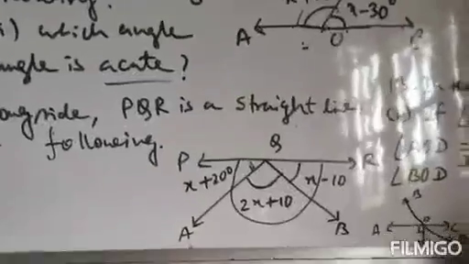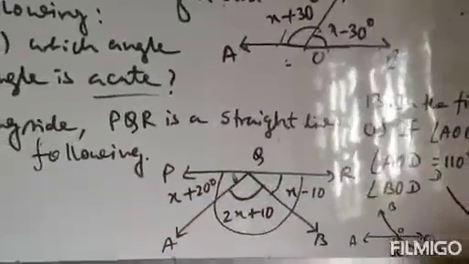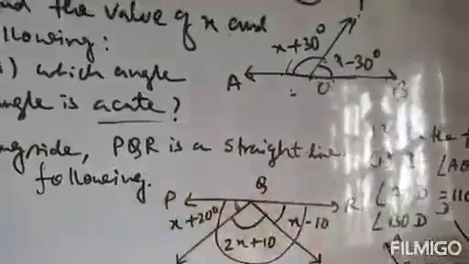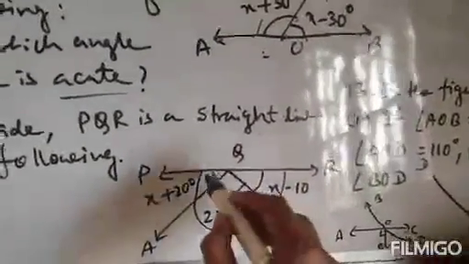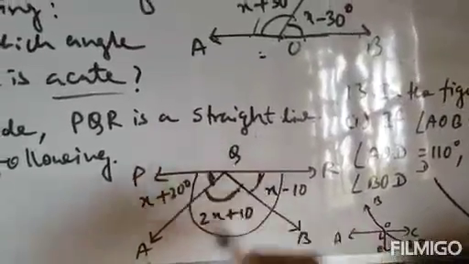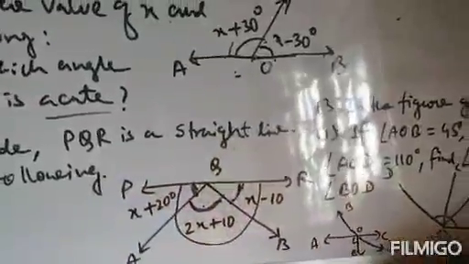If PQR is a straight line, then angle PQR is a straight angle, and a straight angle means 180 degrees. This portion is the sum of these three portions. If you add these three, you can get the value of angle PQR.